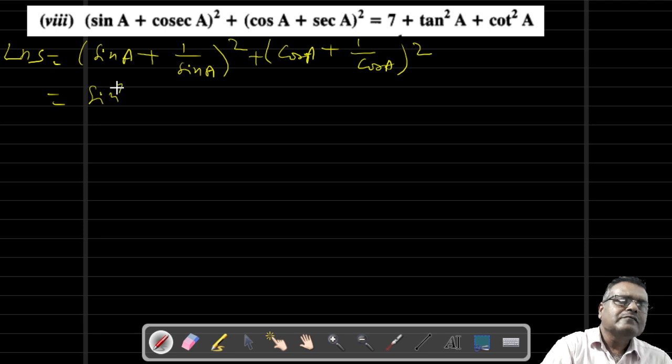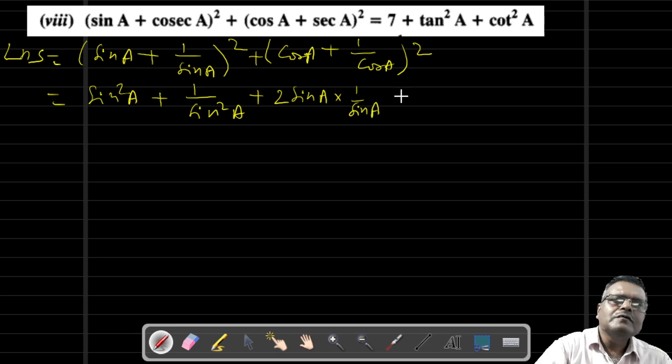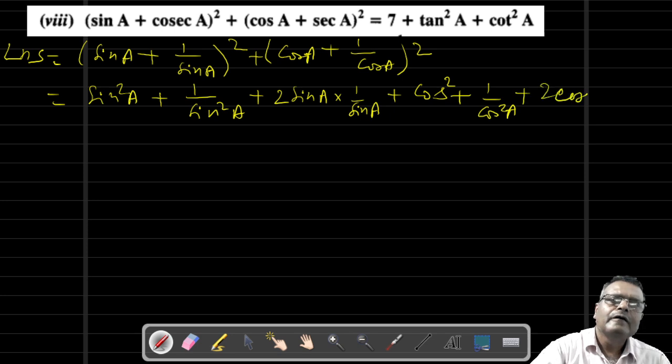So sin square A plus 1 by sin square A plus 2 sin A into 1 by sin A. Cos A plus 1 by cos A whole square: cos square A plus 1 by cos square A plus 2 cos A into 1 by cos A.